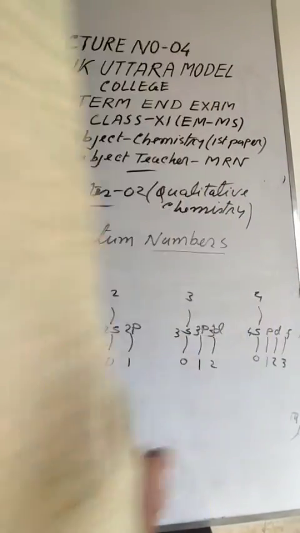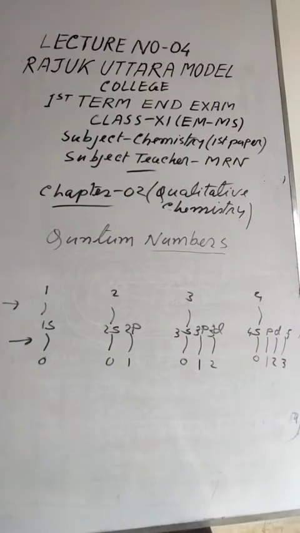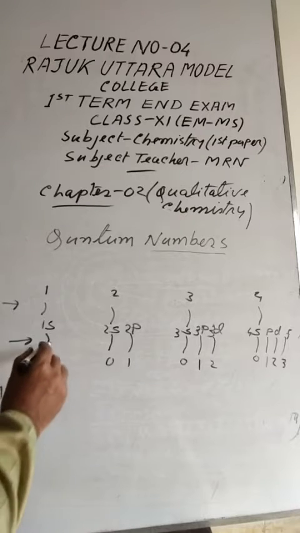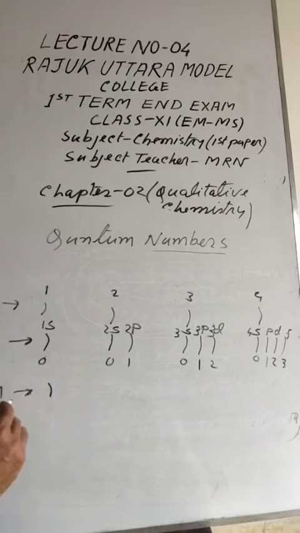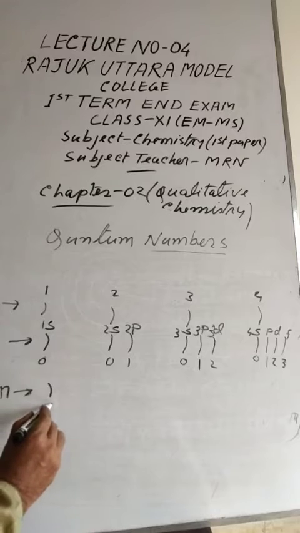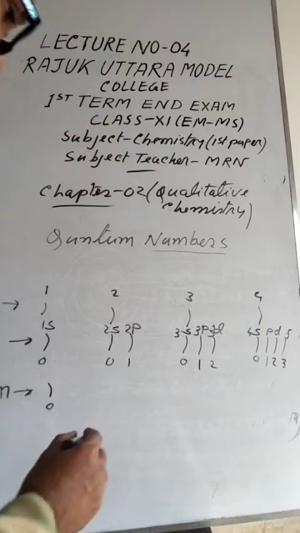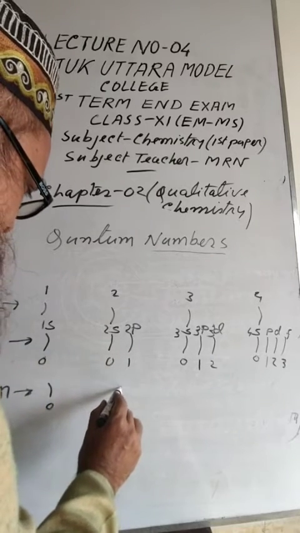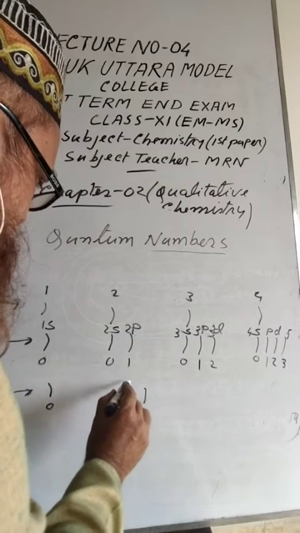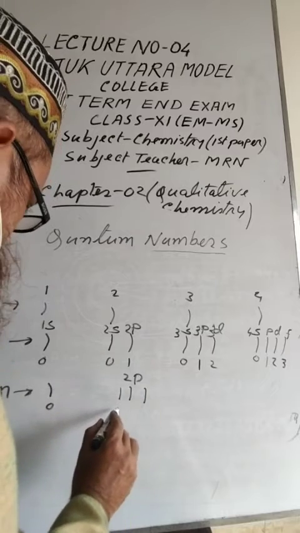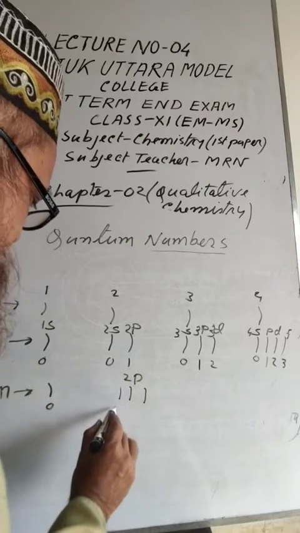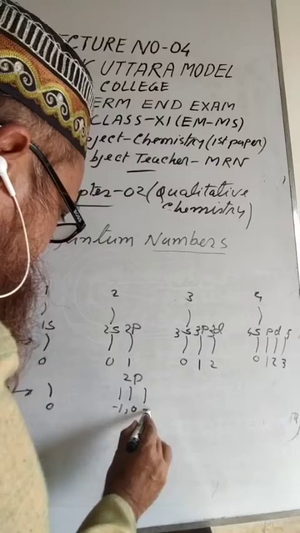4S, 4P, 4D. In this way they are divided. For the magnetic quantum number, for all S it will be 0. For P, it will be divided again; since L is 1, it will be minus 1, 0, plus 1.